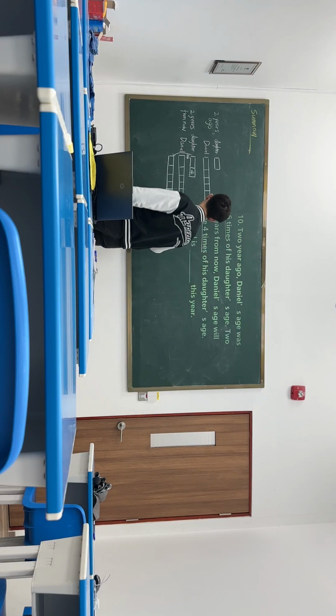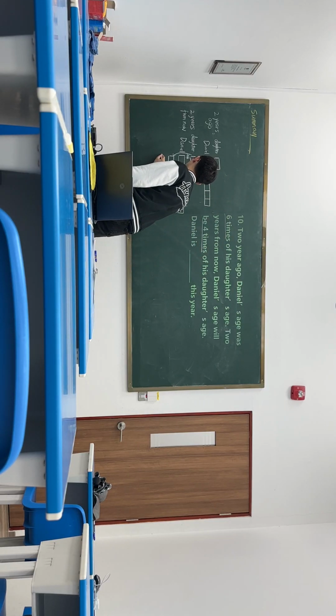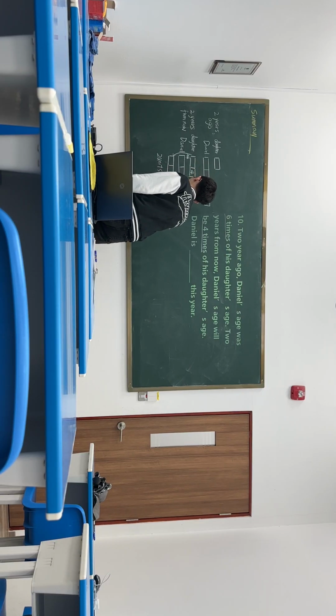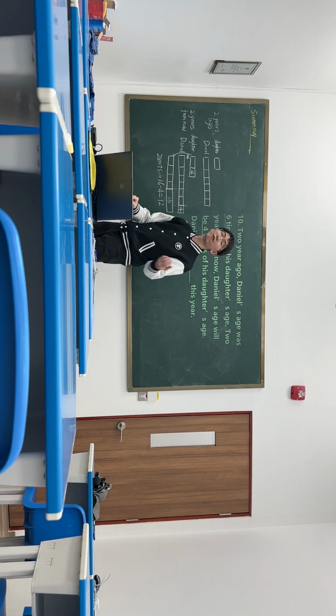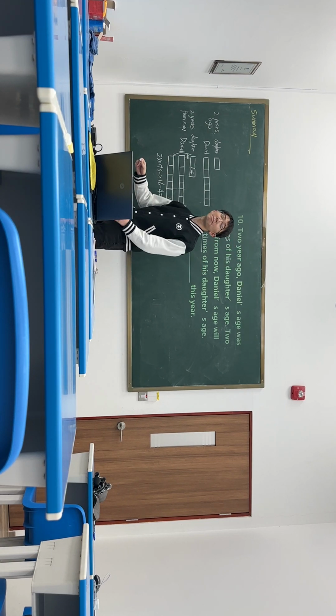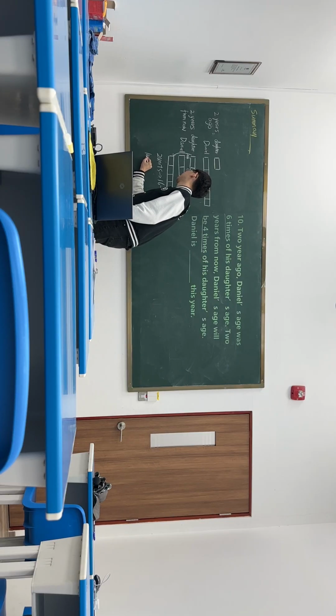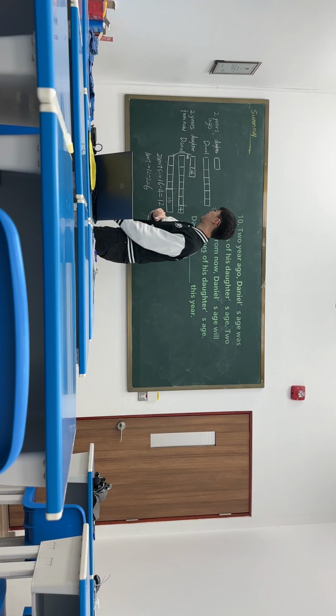Very good. So we know that 2 units now are equivalent to 16 minus 4, which is 12. So what is the value for 1 unit? 12 divided by 2. So 1 unit now will give us 12 divided by 2, which is 6.